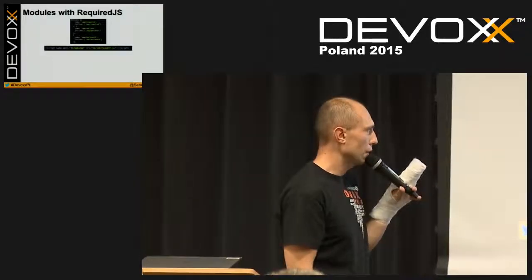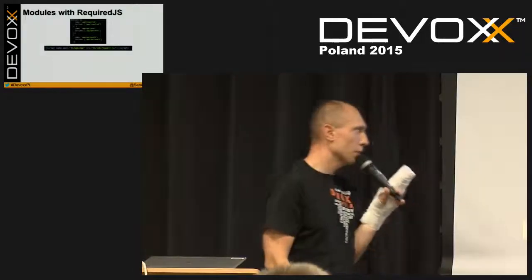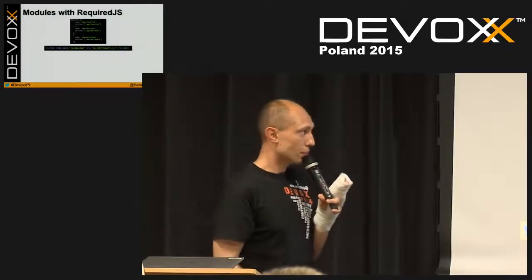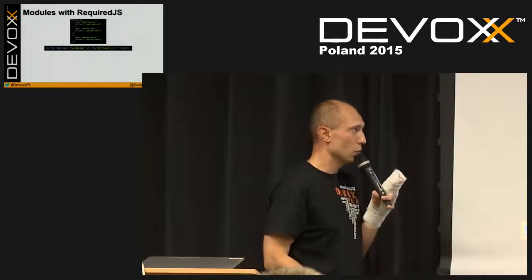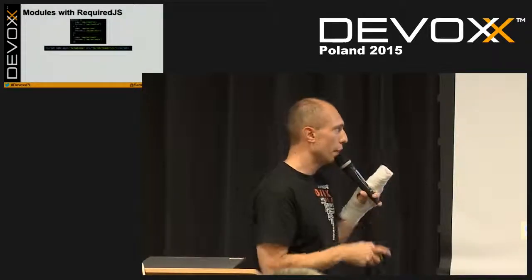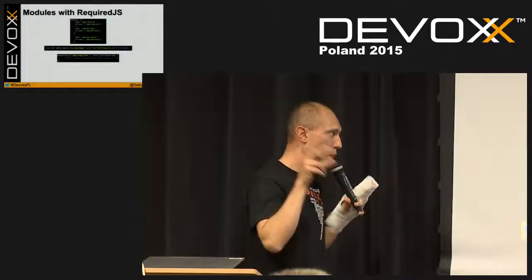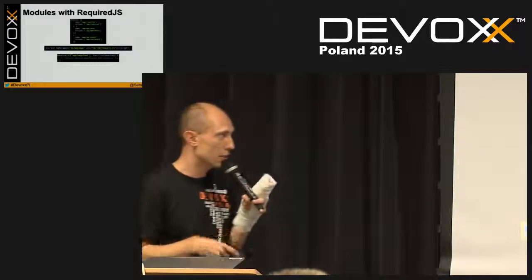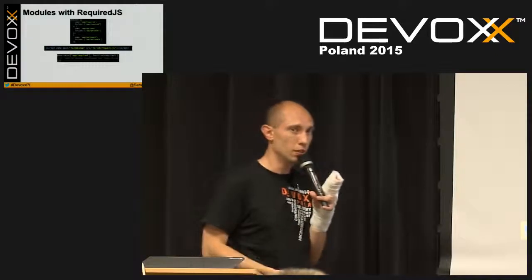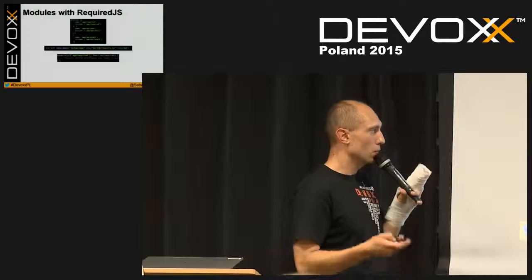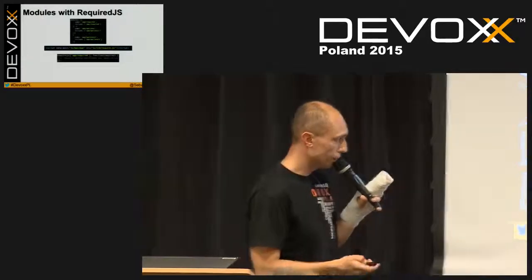I need to add some additional script tag to my HTML file, and note, of course, that I would like to use require.js, specify my main application. In the main application, I need to say, okay, I want to use require.js, and these callback functions will be run when this module will be downloaded, and all their dependencies will be downloaded too.